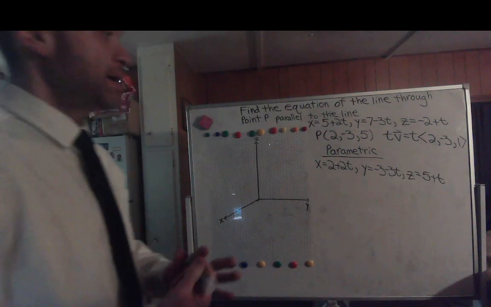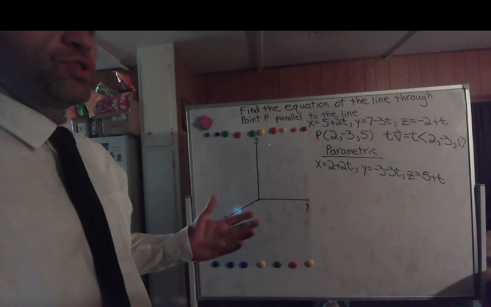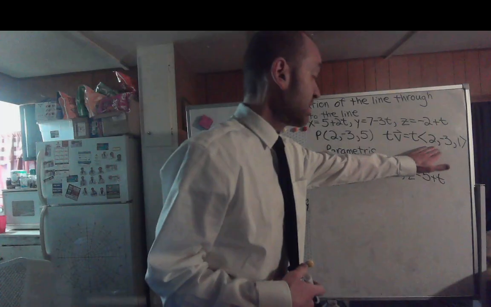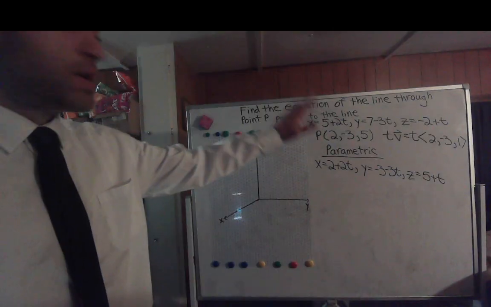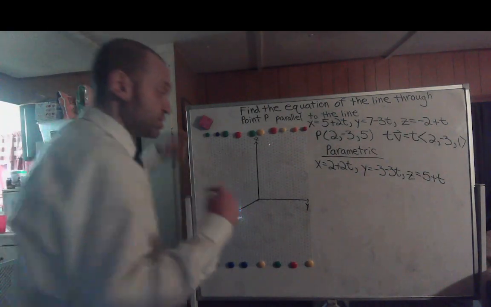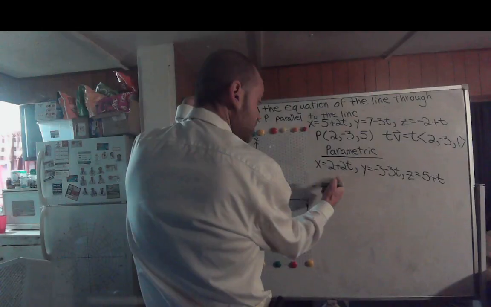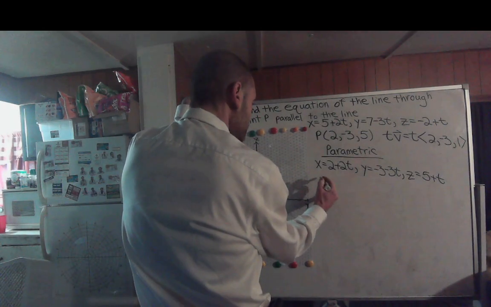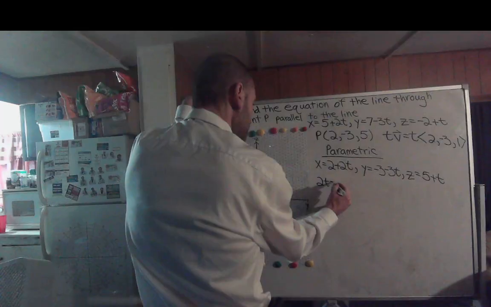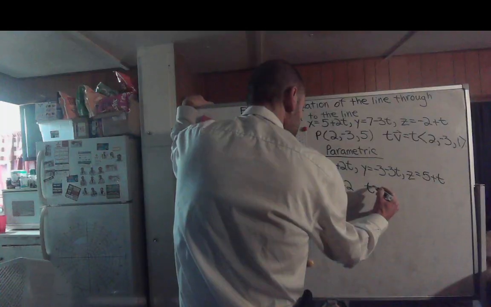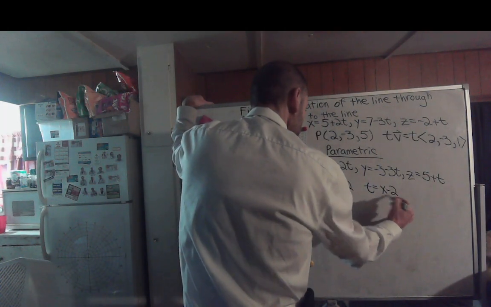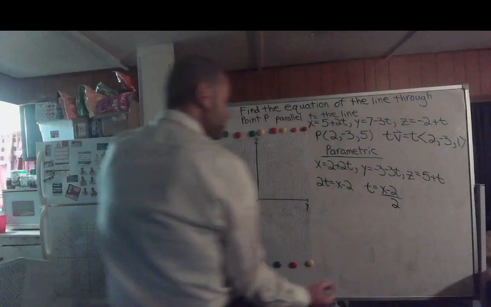Alright, so now we can find symmetric equations because this vector has all non-zero direction numbers. So let's go ahead and solve for t for each of these. If you do it for the x variable, you'll get that 2t equals x minus 2, which would give you that t equals x minus 2 over 2.